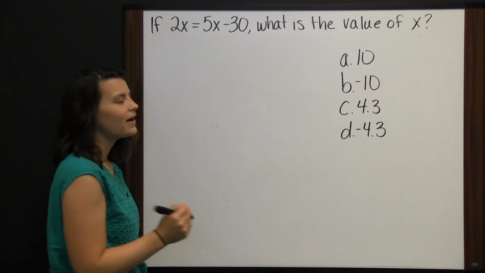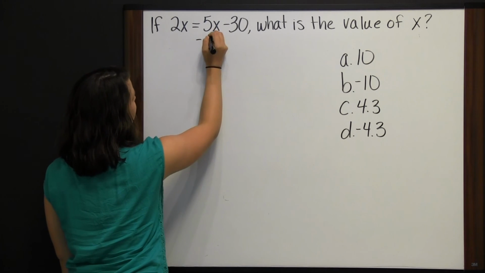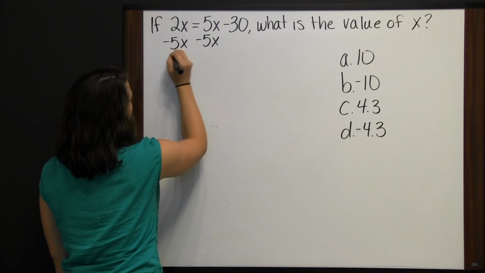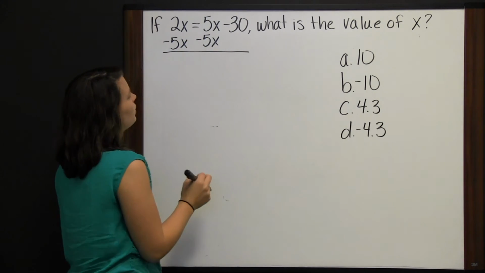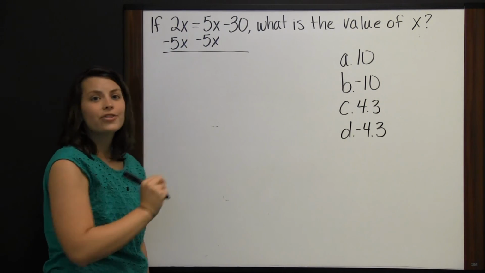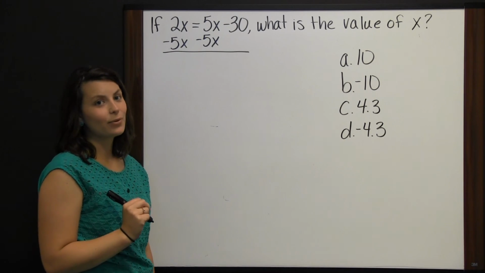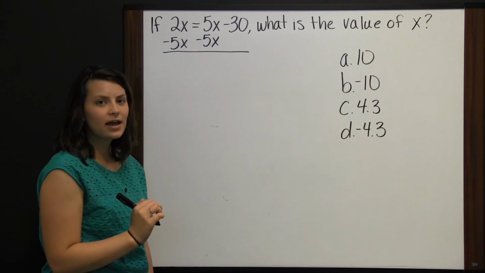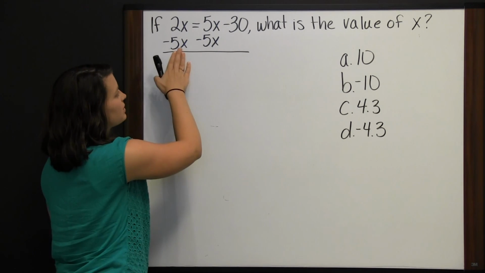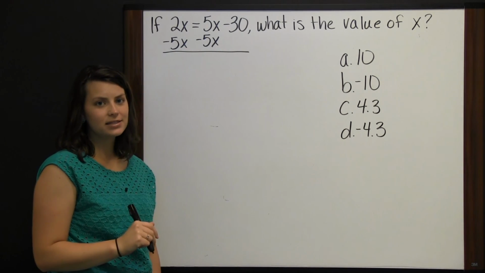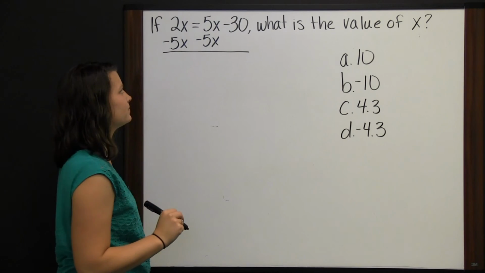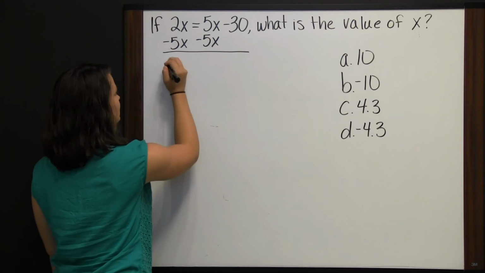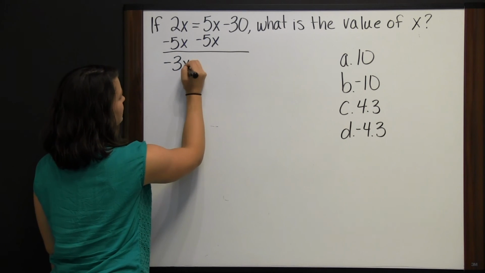I'm going to subtract 5x from both sides. This is called the subtraction property of equality. Because I have the left side equal to the right side, then I could subtract the same thing from both sides, and they'll still be equal. 2x minus 5x is negative 3x.